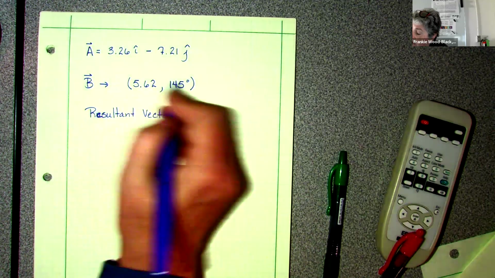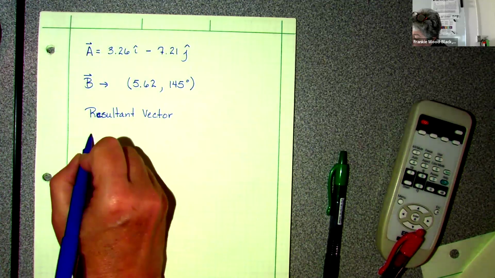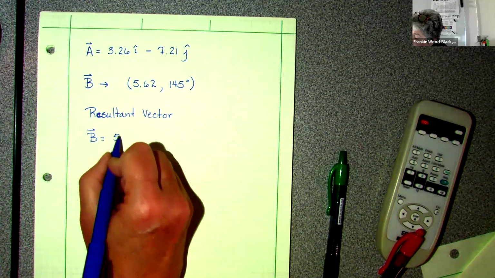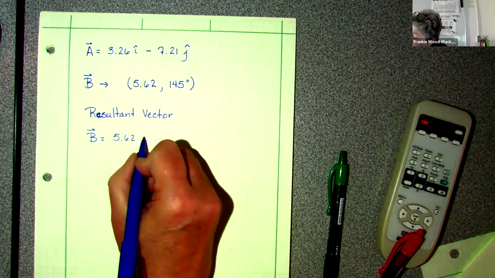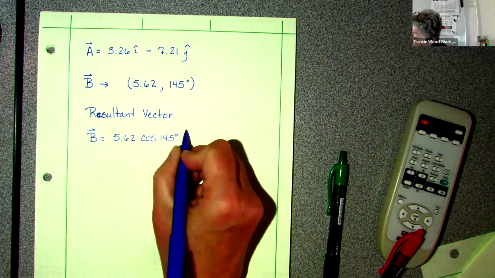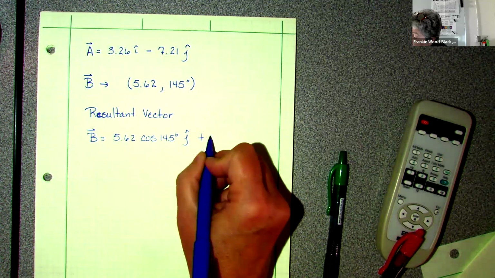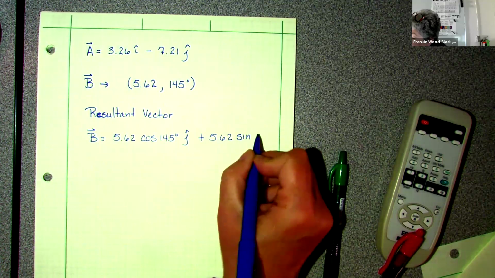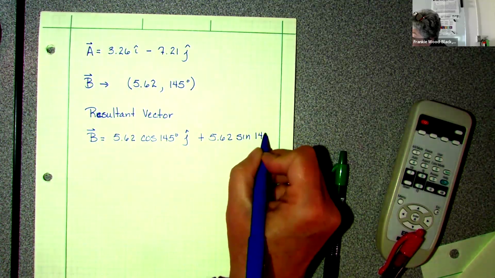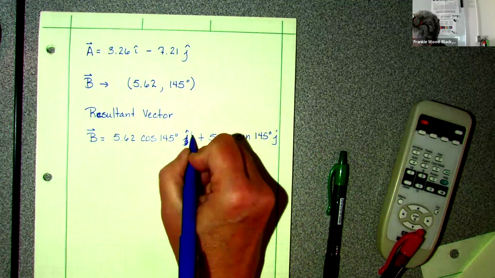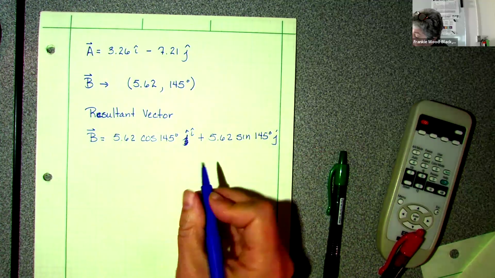Well, I can rewrite my vector B in its component form. I can do it mathematically, and I'm going to go ahead and do that. I'm going to get my 5.62 cosine of 145 degrees in the i direction, and I'm going to have my 5.62 sine of 145 degrees in the j direction.